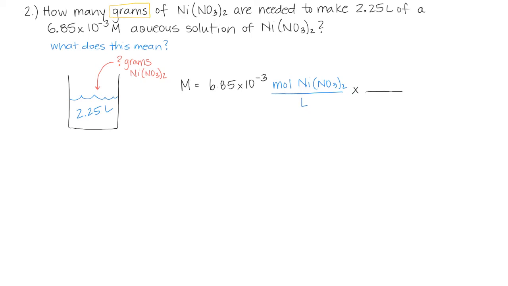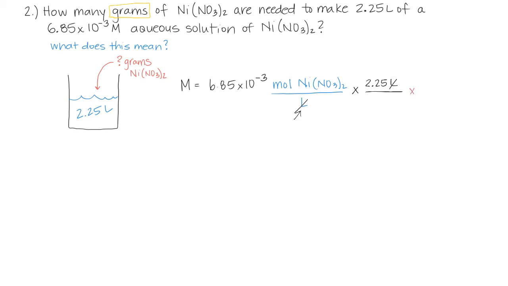We already know the molarity and have written it using its definition. Since the liters are on the bottom here, we can multiply by the liters of our solution, which is 2.25 liters, and cancel our liters out in order to tell us how many moles of nickel nitrate we must add to the beaker.